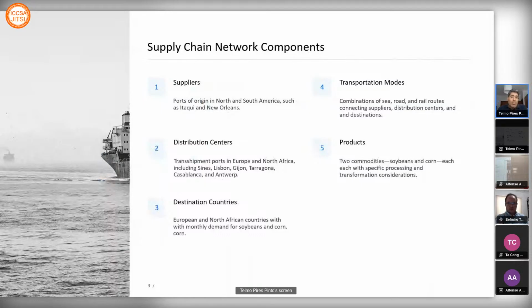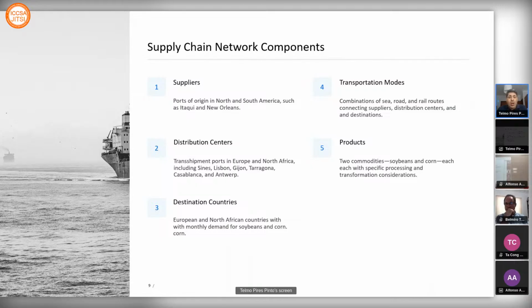Here we outline the key components of our supply chain network, the data that we are providing to our model. Firstly, our suppliers are located at ports of origin in North or South America, including Itaqui and New Orleans. Next, the distribution centers situated at transshipment ports in Europe and North Africa, such as Sines, Lisbon, Gijón, Tarragona, Casablanca, and Antwerp.